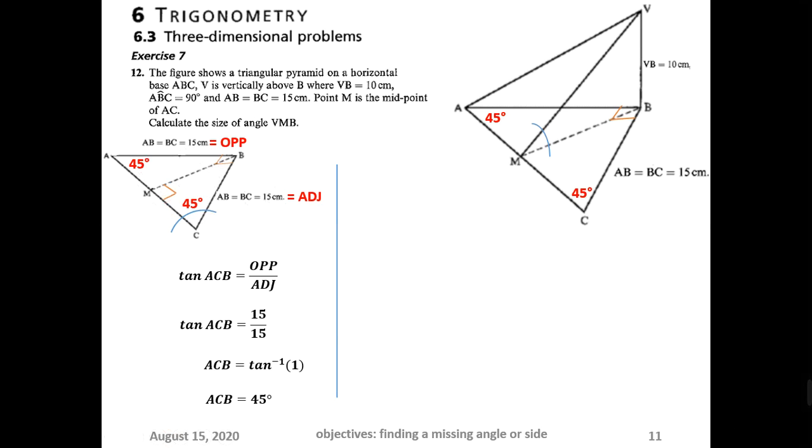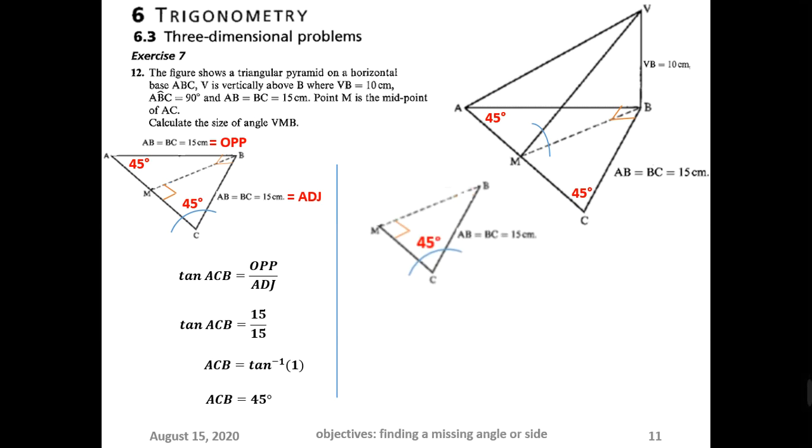Now, this angle is 90 degrees. Why? Because, like I mentioned at the very beginning of the video, the line from the apex B down to base AC is perpendicular to base AC. Perpendicular means it creates a 90 degree angle.